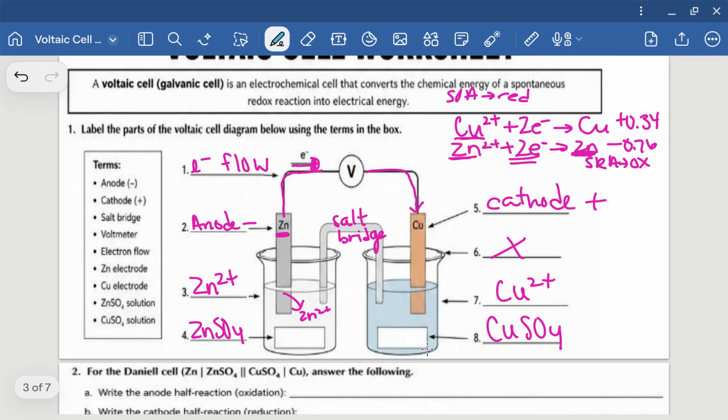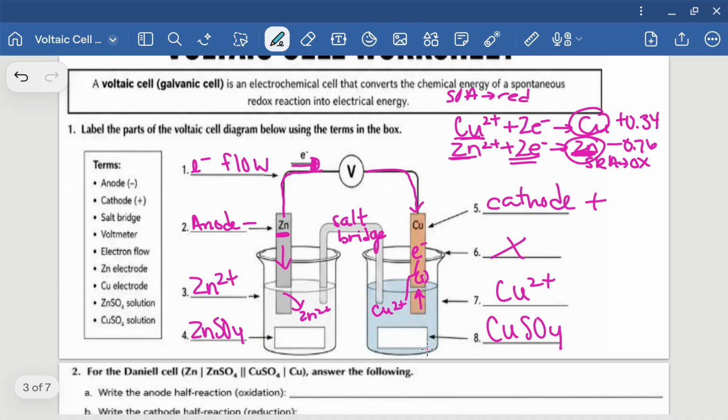So because of this breaking apart of that solid, this is going to decrease in mass because it's going to lose its ions to the solution and the electrons go over to the cathode. On the other hand, your copper 2 positive that is hanging out in the solution is going to join with those electrons. And when they come together, they make copper solid, and we're going to add more solid onto this cathode. And when you do that, that's going to increase in mass.